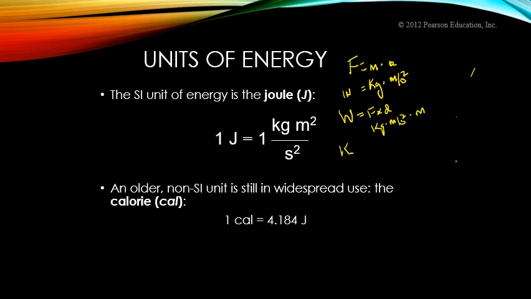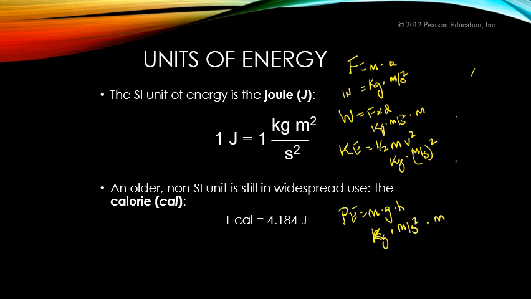If I look at kinetic energy, KE equals 1/2 m times v squared. So again, kilograms times meters per second, but that quantity is squared. So once more, kilograms times meters squared per second squared. I could have potential energy, where I have mass times gravity times height: kilograms times meters per second squared for the gravity times meters for the height.